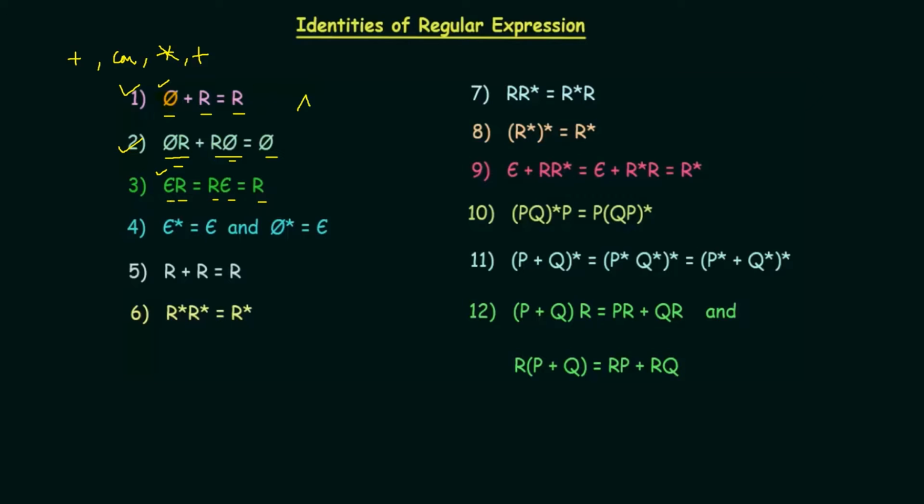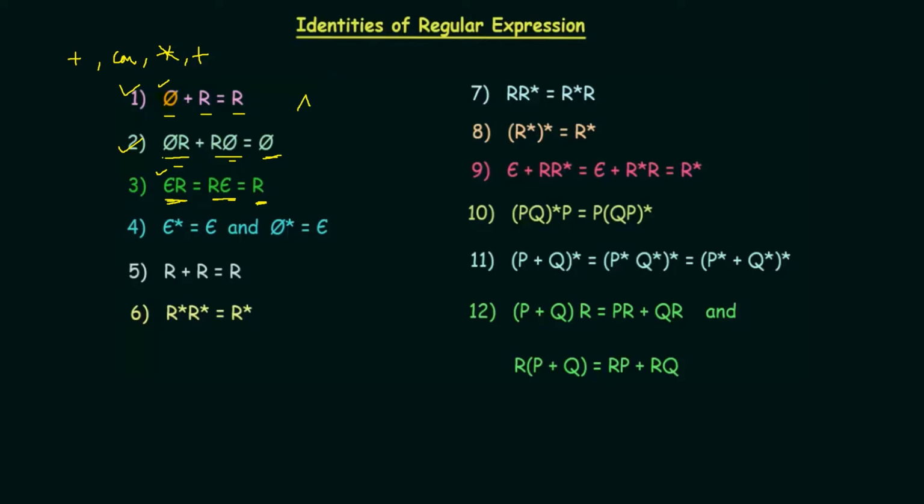So a single epsilon into r is equal to r, so the concatenation of them is actually a regular expression, and the commutative property is also applicable here. Now one thing you can see in the previous one, that phi r plus r phi was producing phi, but here epsilon r is producing only r.